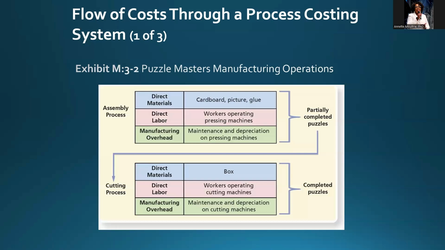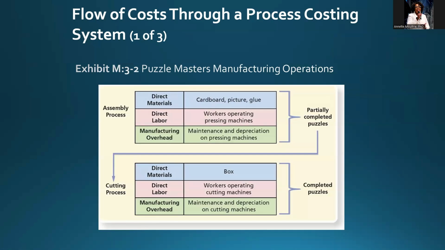And once the printing process is complete, the partially finished puzzles are transferred to the next stage, which is the cutting process. In the cutting process, you have the direct materials, direct labor, and then you have manufacturing overhead.